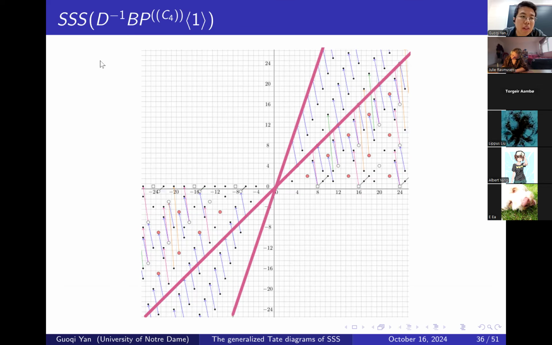So here, we will show this C4 slice spectral sequence of D inverse BP_C4 for 1. If we look at this region bounded by the diagonal line, the line of slope 3, we will see that these dual regions have the same type of differential, which are all blue differentials.